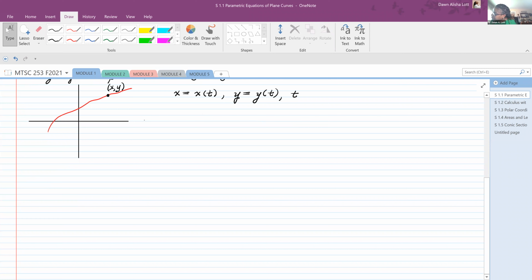So script C, let me draw it again. That looks crazy. Script C is the graph of a parametric curve.